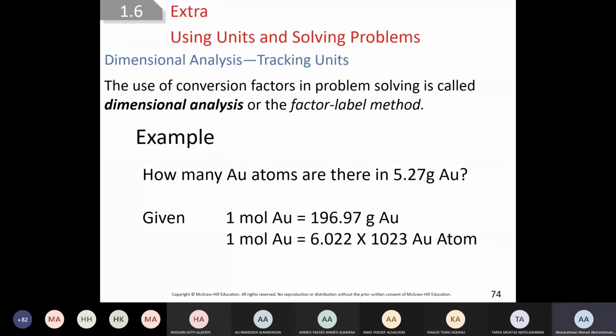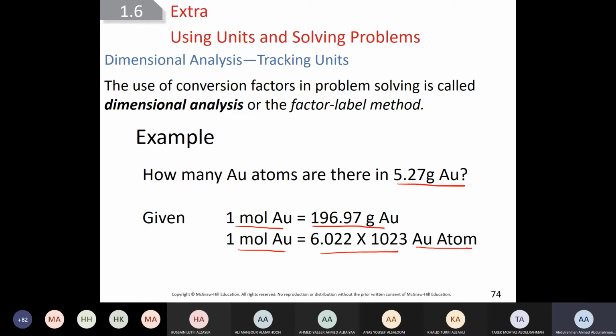Okay, let's solve this problem very quickly. We have here two equalities. This one equals this one, and this one equals this one. Now, how many Au atoms are available in 5.27 gram Au?